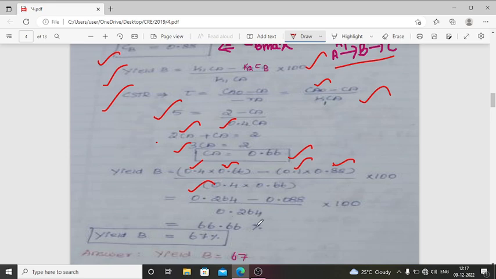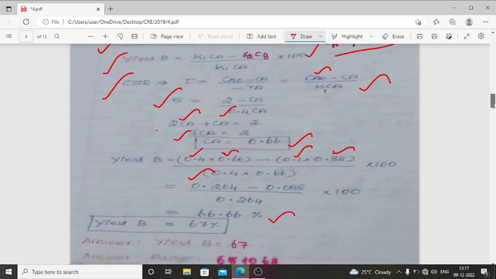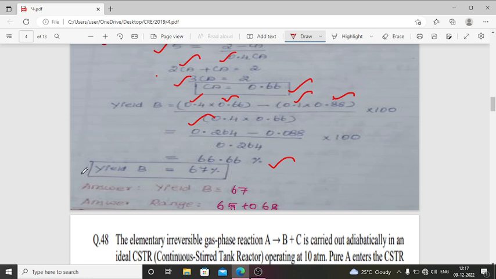So finally we get 66.66 percent. Rounding off this value, yield of B is equal to 67 percent. So the answer for this question is 67 percent or 67. The answer range is given as 65 to 68, and our answer is within this range.